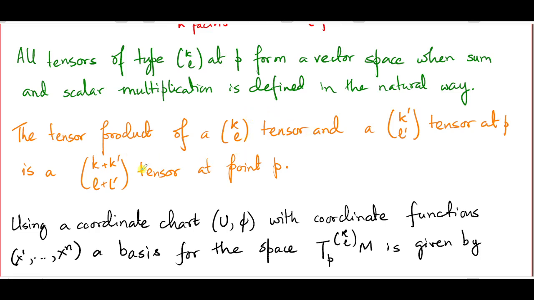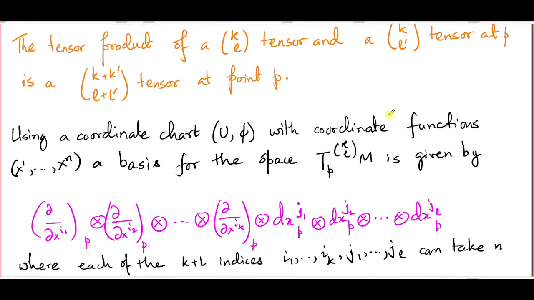The first k of these k+k' covectors go to the first (k,l) tensor. The first l of the vectors also go there as arguments. And the final k' covectors and l' vectors are given to the (k',l') tensor.